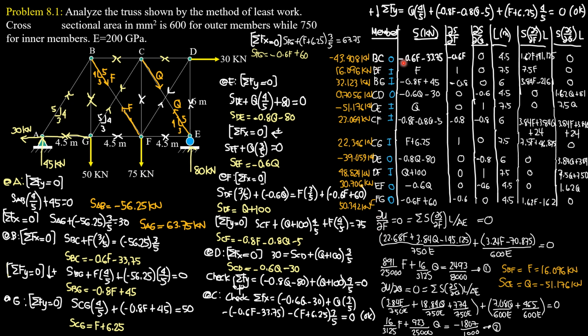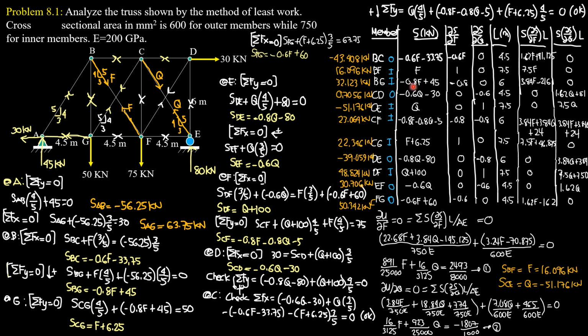For BC, negative 0.6 of F, and F is 16.096 minus 33.75, so that would be negative 43.408 kilonewtons. For member BF, which is just F, 16.096 kilonewtons.